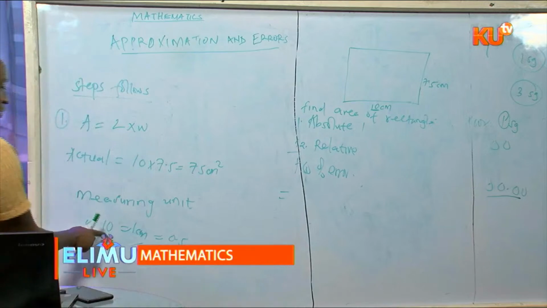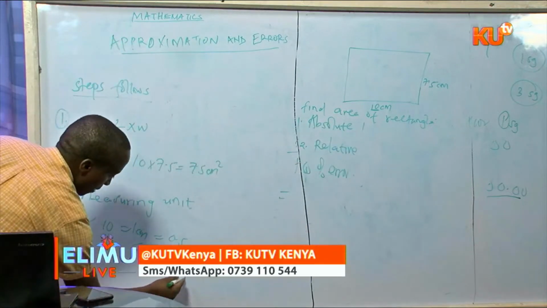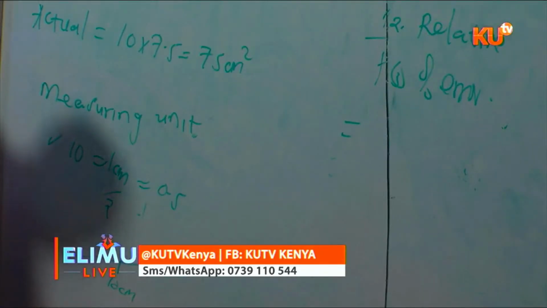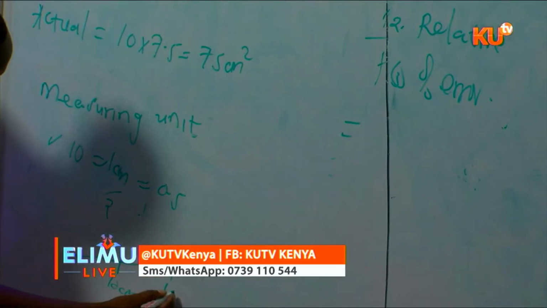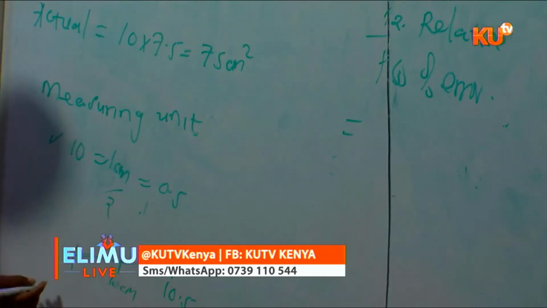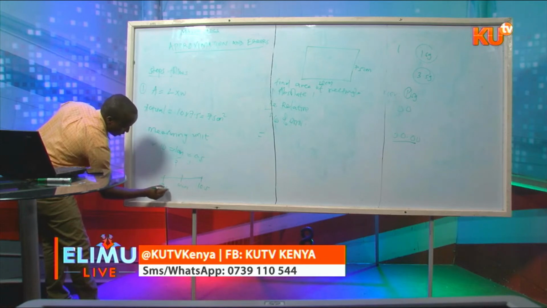For this length, the actual is 10 centimeters. You add 0.5, so the upper bound will be 10.5. The lower bound will be minus 0.5, so it will be 9.5 centimeters.